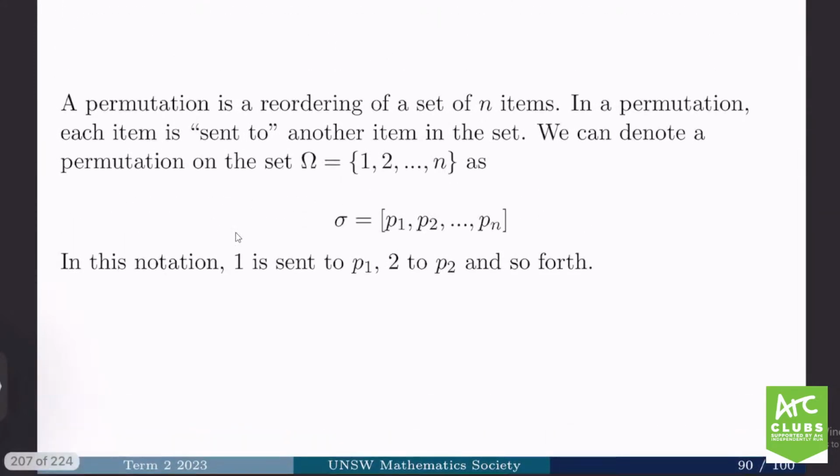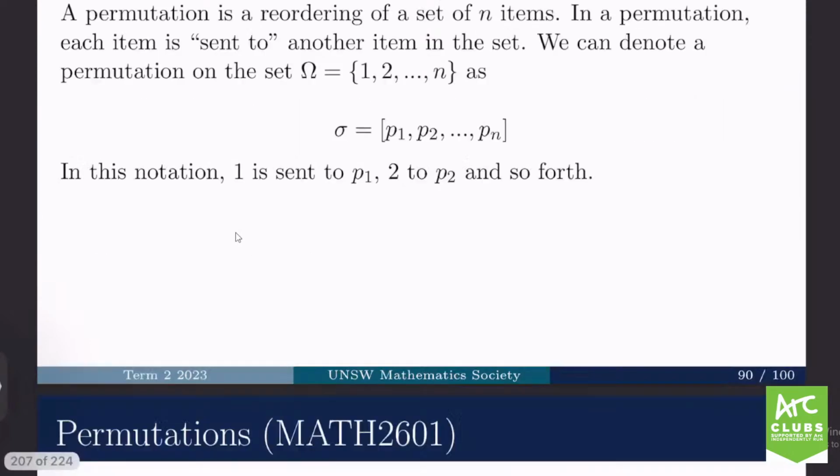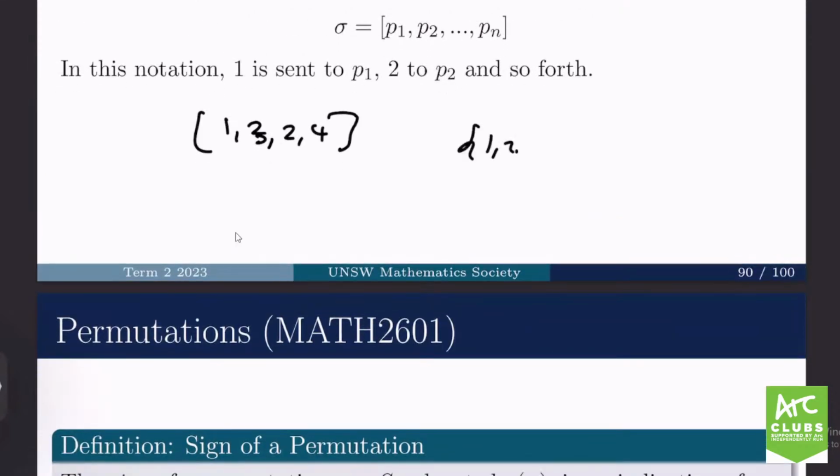So we can write a permutation in this form: sigma equals P1, P2, ..., Pn. What this represents is that 1 gets mapped to P1, 2 gets mapped to P2, and so forth. So if I had a permutation, for example, 1, 3, 2, 4, this is a permutation on the set of numbers 1, 2, 3, 4.